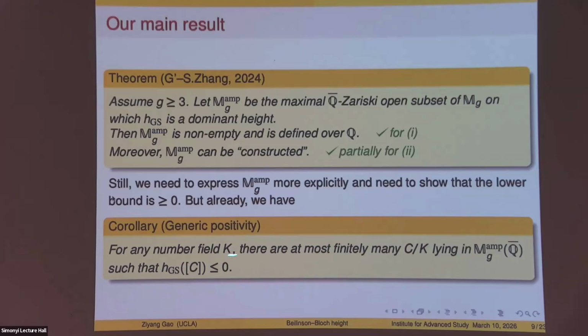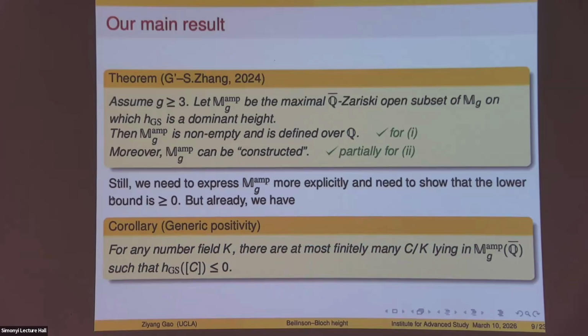At least, of course, fixing a number field is less a problem here, because usually when people study cycles, it's okay to talk about cycles over a number field. But this finitely many, we don't expect to have any of them. There shouldn't be. But still, we have this generic positivity here.